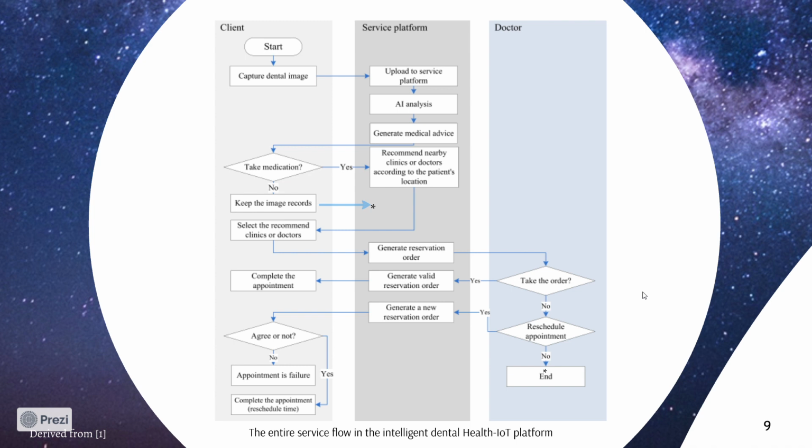If the doctor says no, it reschedules the appointment, generates a new reservation order, and asks if you agree or not. If you agree, it completes the appointment at the rescheduled time. If not, the appointment is a failure, and after that it ends. Yes, quite simple to say but quite hard to implement.